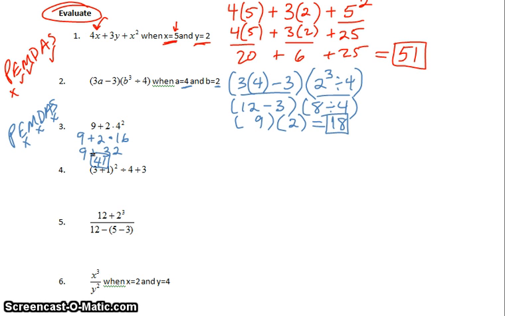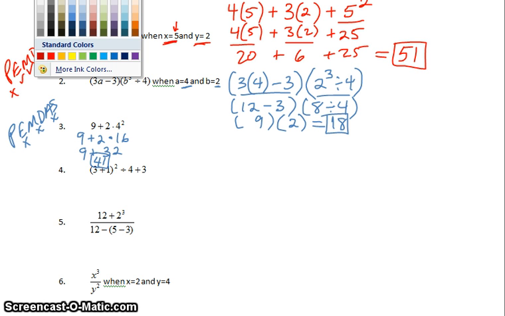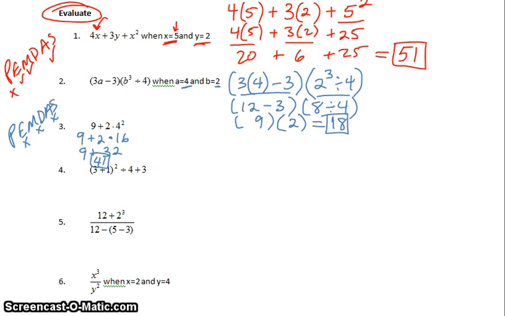Number 4 is 3 plus 1, which is in parentheses. So we're going to do that first. Parentheses first. Bring everything else down. Exponents next. We do have exponents. 4 squared is 16.